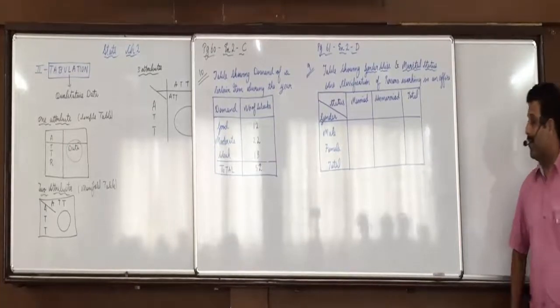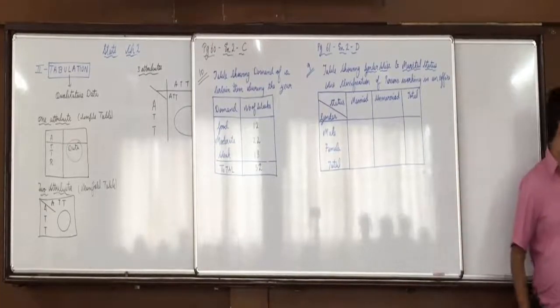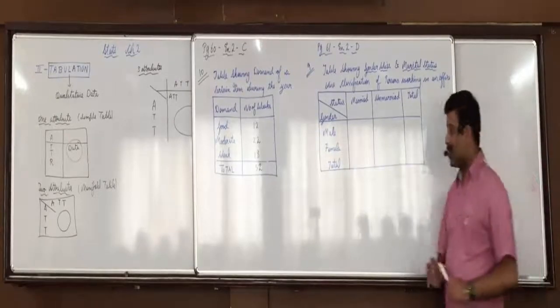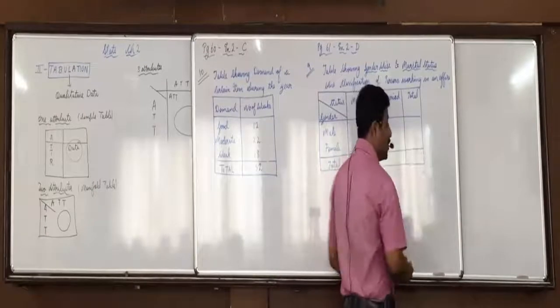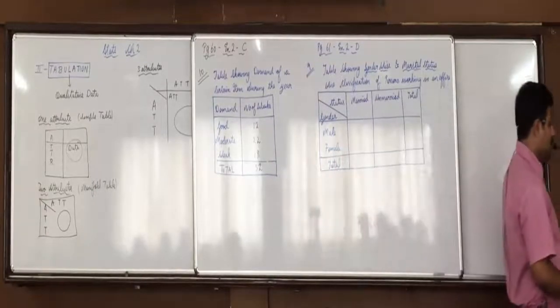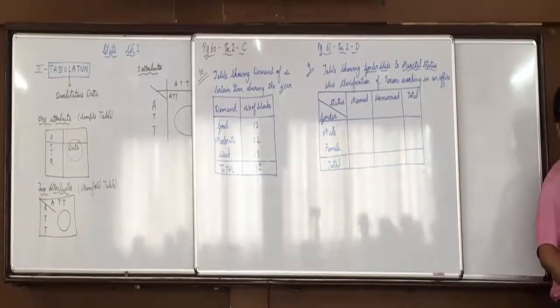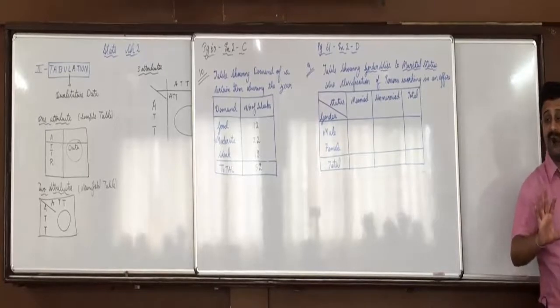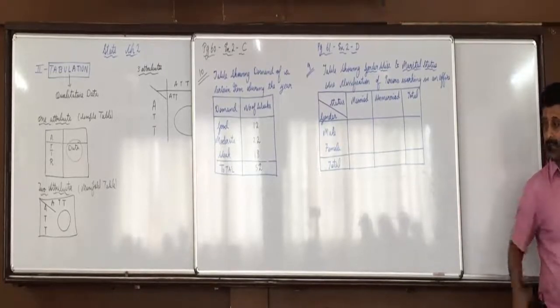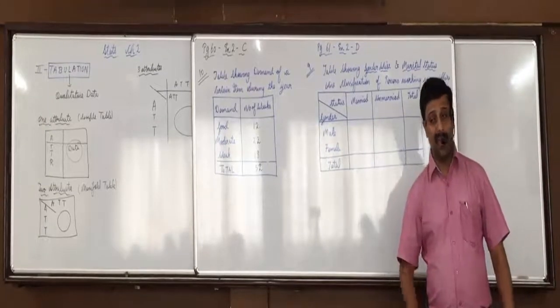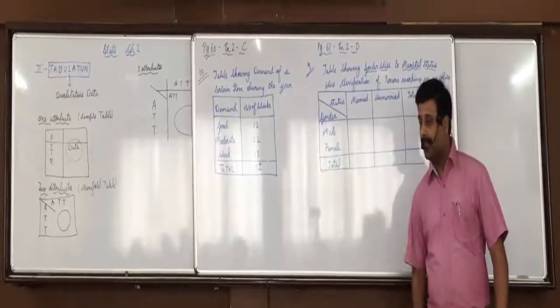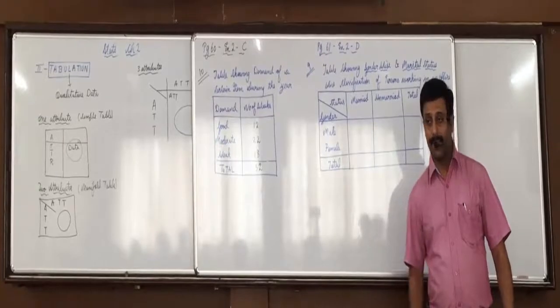Now, listen, one important element of tabulation is that it is the most difficult topic if you don't follow a system of doing it, and it is the easiest topic if you follow things systematically. What is that system?